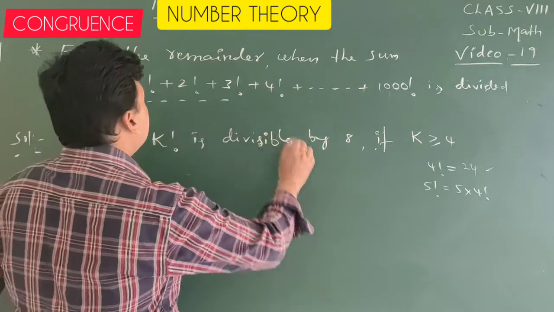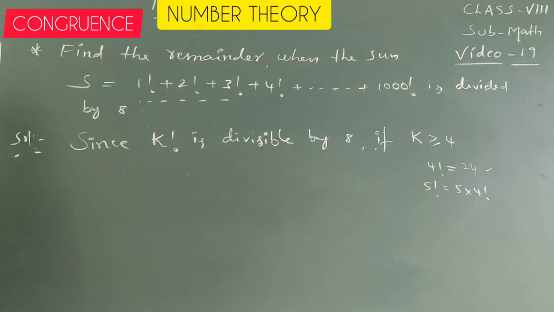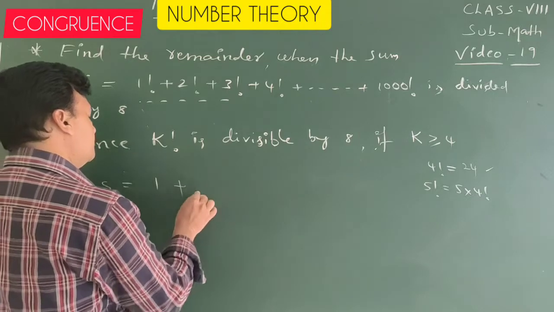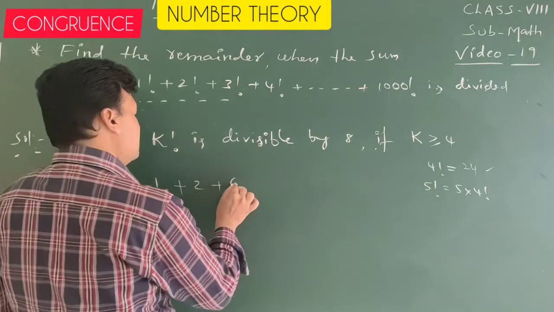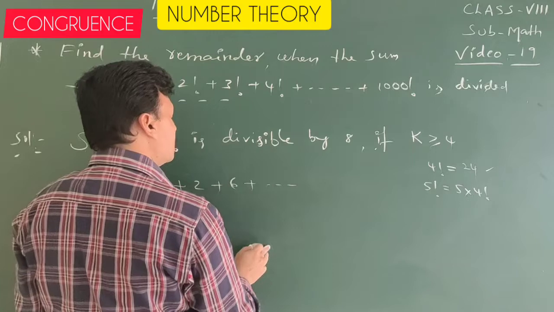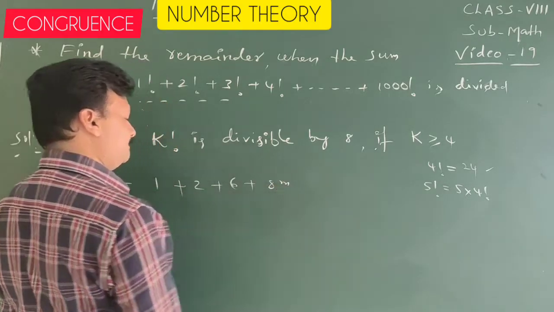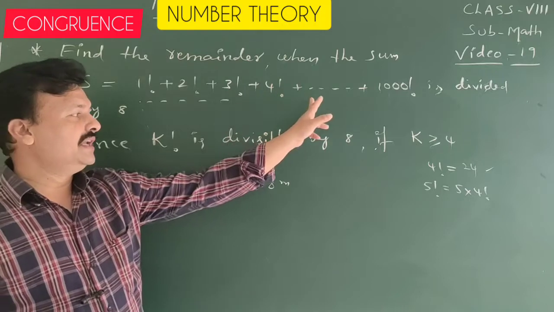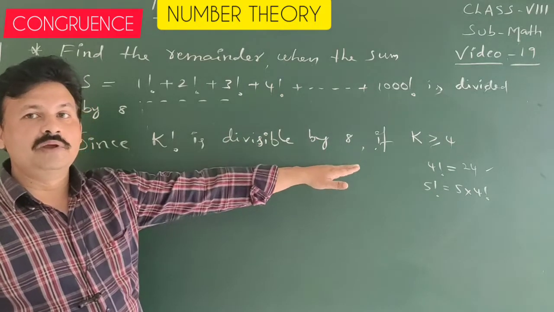We need to find the sum of 1 factorial, 2 factorial, 3 factorial only. So here S equals 1 factorial means 1, 2 factorial means 2, 3 factorial means 6, plus and so on, multiples of 8. From 4 factorial onwards, it is divisible by 24, meaning it is also divisible by 8.